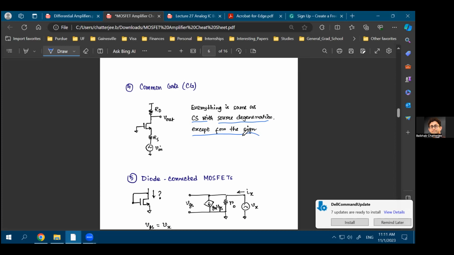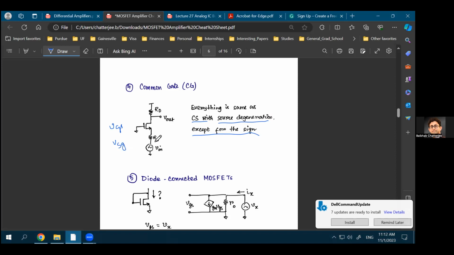That's because you can think of it in this way: for the common source configuration, you applied your input at the gate and you let your source be the common terminal. Here you are applying your input at the source and you're letting your gate be the common terminal. So in the common source case, whatever VGS you are applying becomes VSG for a common gate configuration.